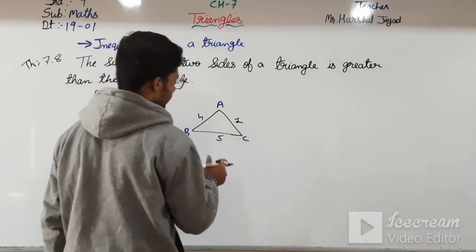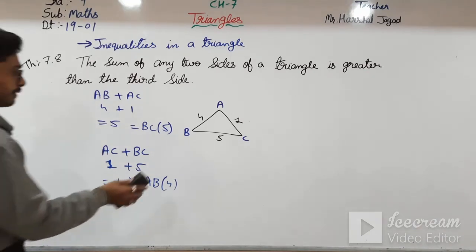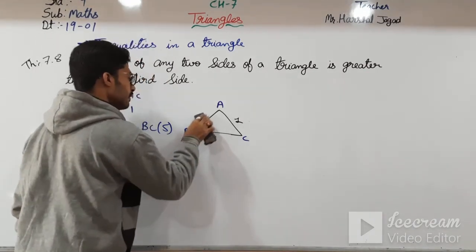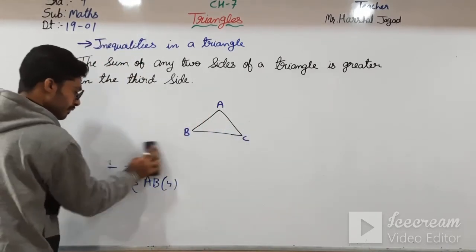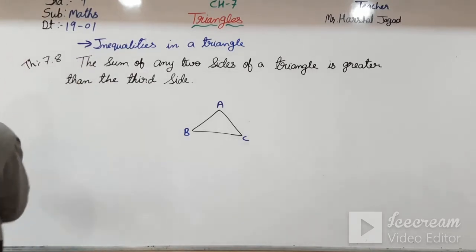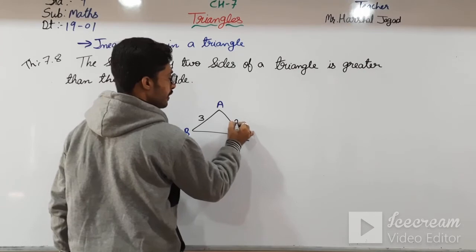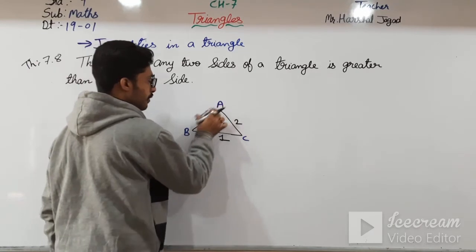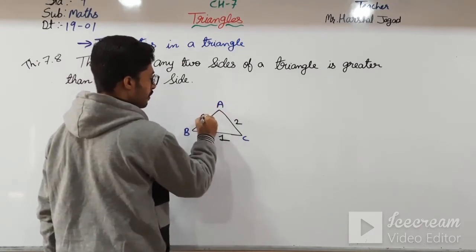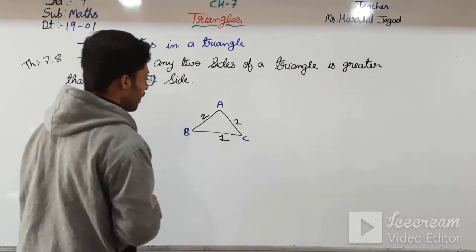Okay, then if I change some of the digits, if I say here it is 3, here it is 2, and here it is 1, and here it is also 2, let us see whether it can be a triangle or not.